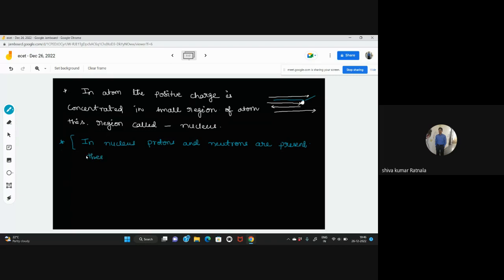These are collectively called nucleons. As per Rutherford's theory, the nucleus doesn't have neutrons, but now we use nucleons, which contain protons and neutrons.